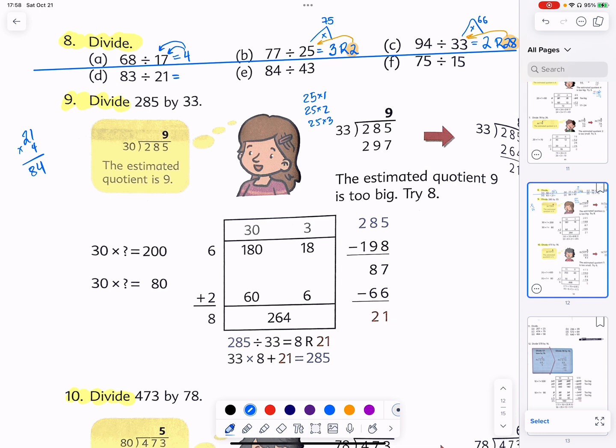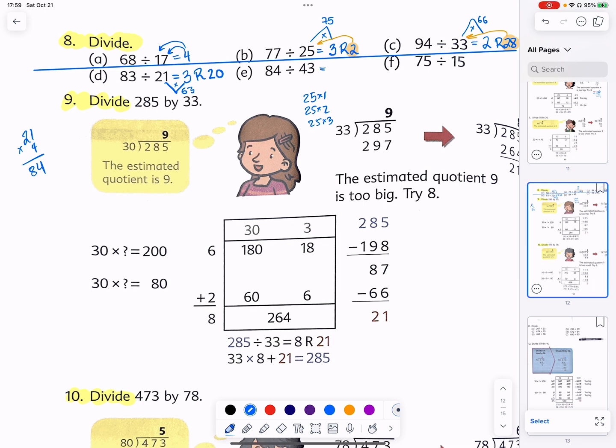We have only 83. So it can only go into 83 3 times. 21 times 3, let's multiply, reverse operation, is 63. Therefore, the rest of this number will be our remainder, 20.